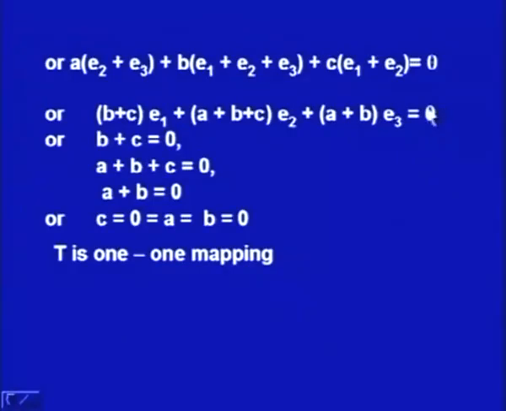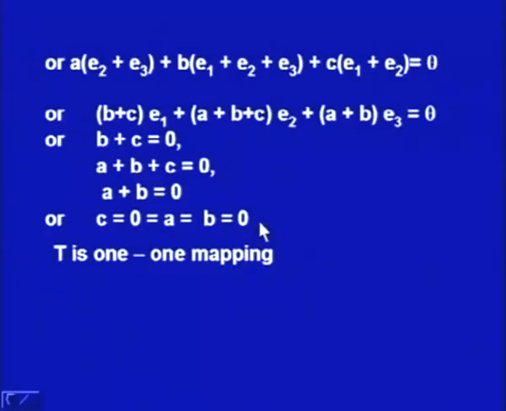So, each of these components should be 0. So, B plus C is equal to 0, A plus B plus C is to be 0 and A plus B equal to 0. Now, we have 3 equations in 3 unknowns A, B and C. From this A is equal to minus B and from this B is equal to minus C. If we substitute this in this equation, we will have A, B and C equal to 0.